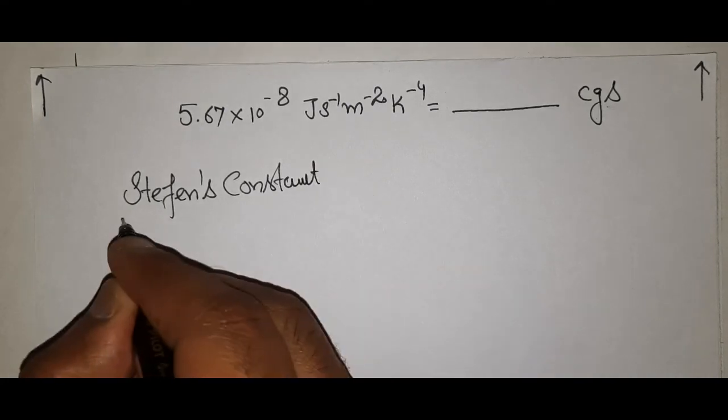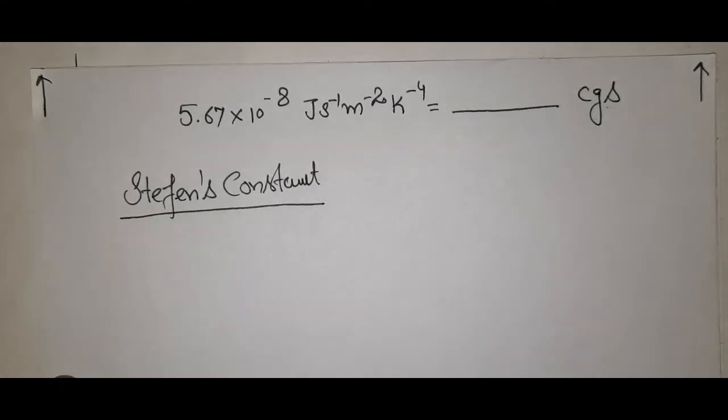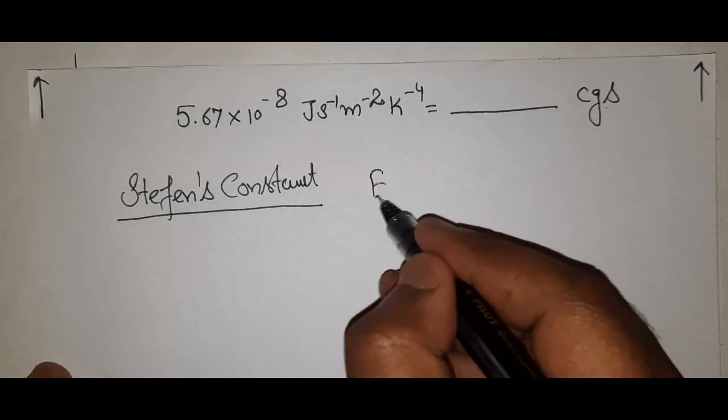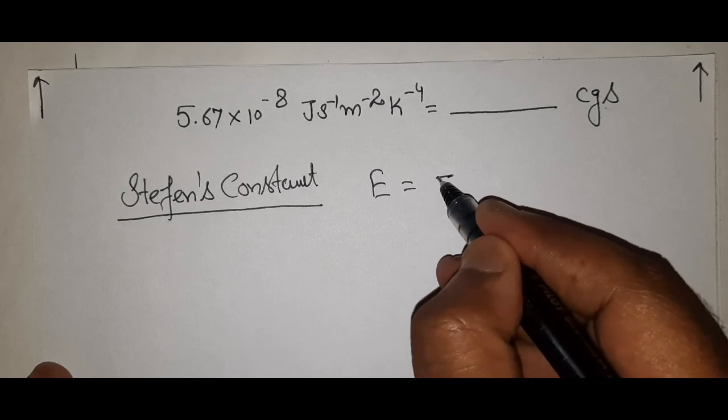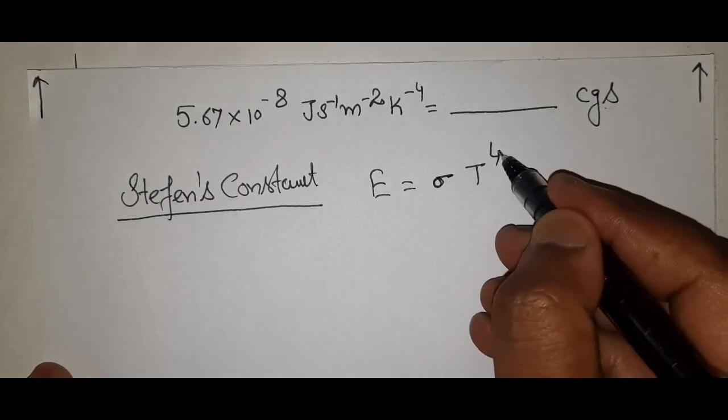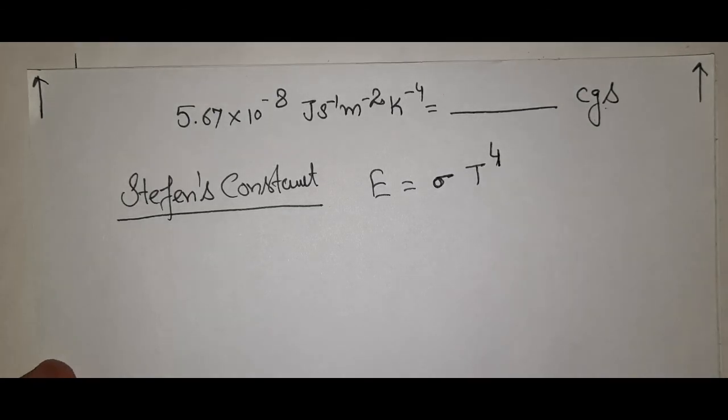Now first of all, the dimensional formula for Stefan's constant. This is a new quantity. Let's calculate that. Stefan's constant is E is equal to sigma T raised to the power 4.